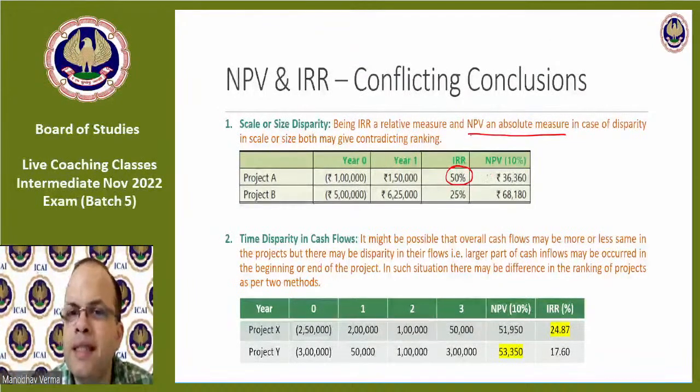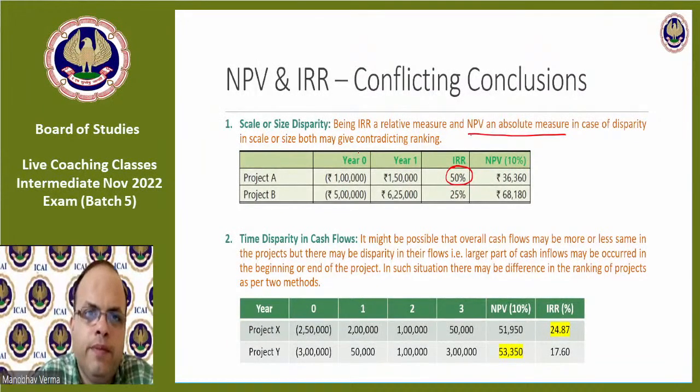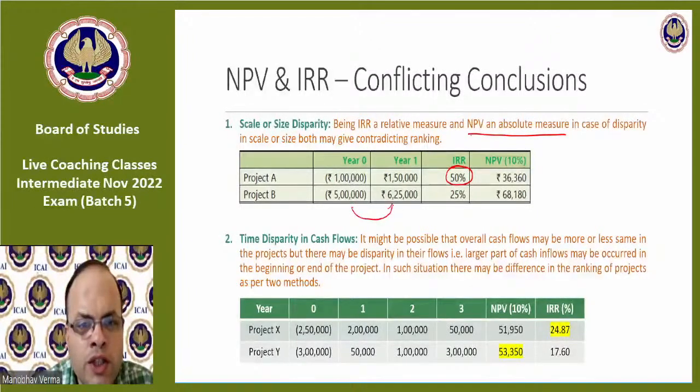NPV is 36,680. Now look at another project which is 5 times bigger, 5 lakhs outflow with 6,25,000 as inflow. Anyone can say that this NPV looks much bigger, but the IRR is low.